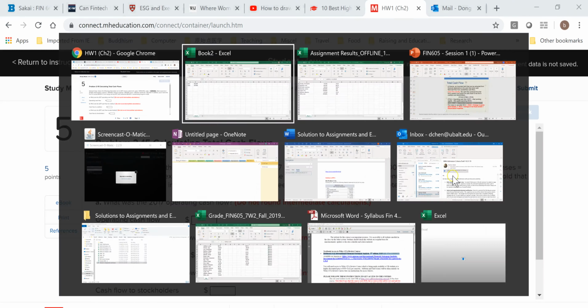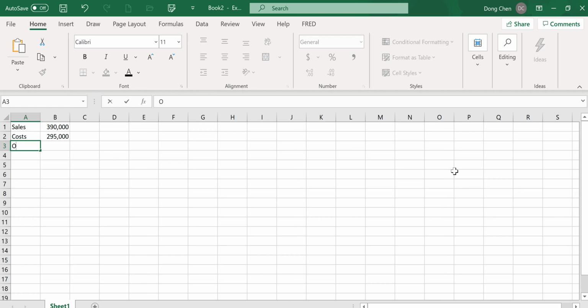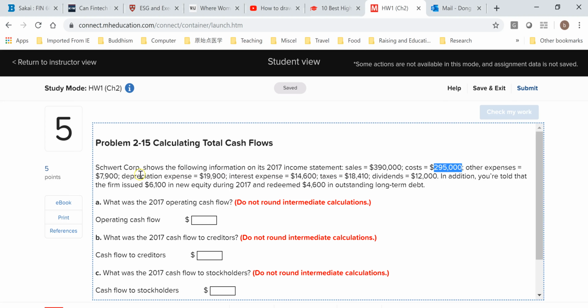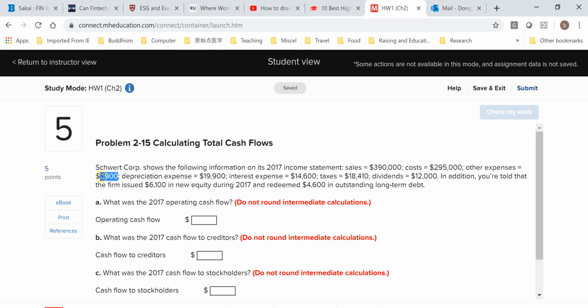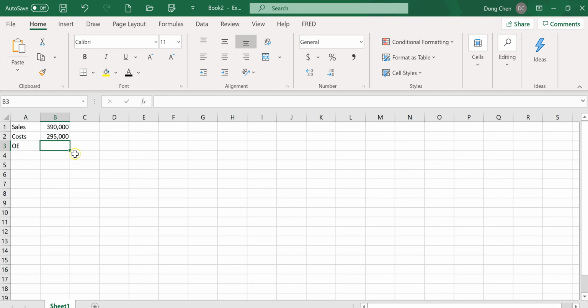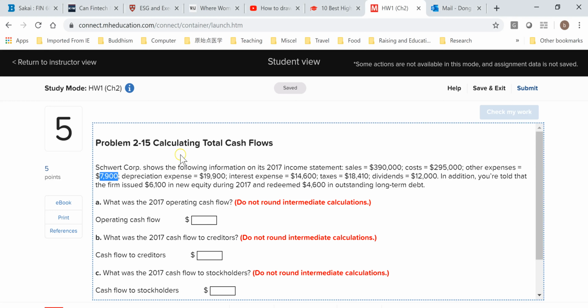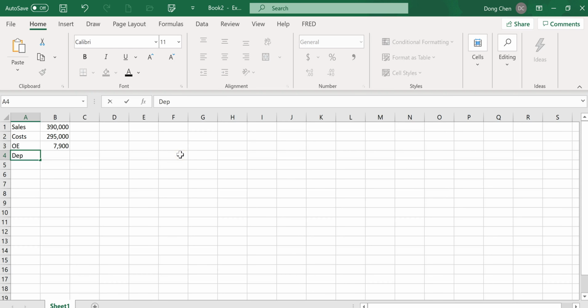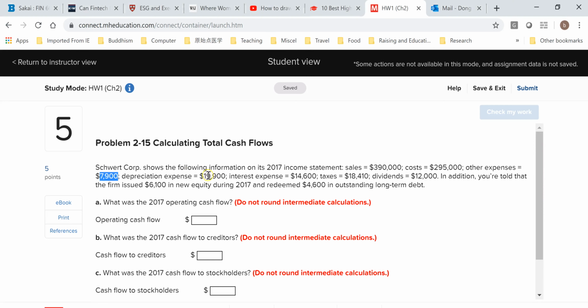And then we have other expenses. So it could be selling, general, administrative expenses. And then we have the depreciation expense.